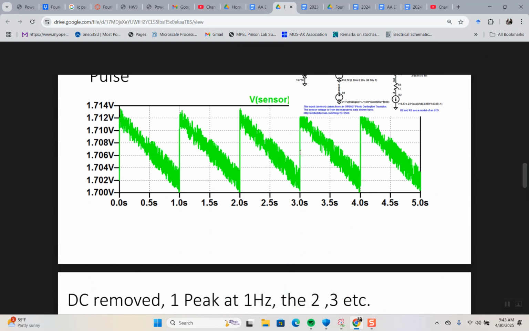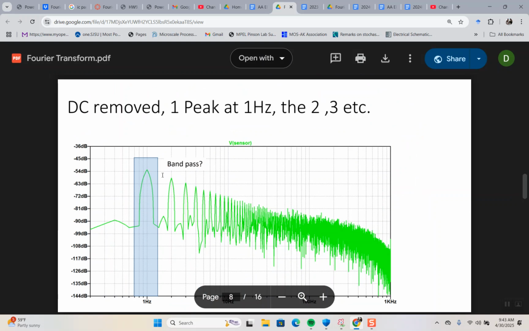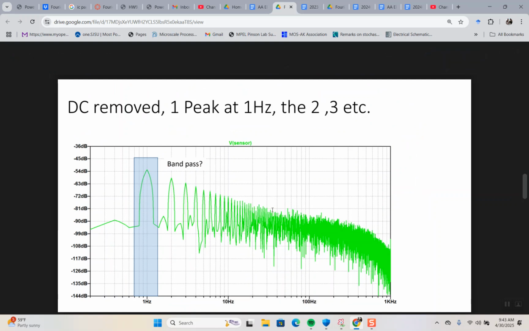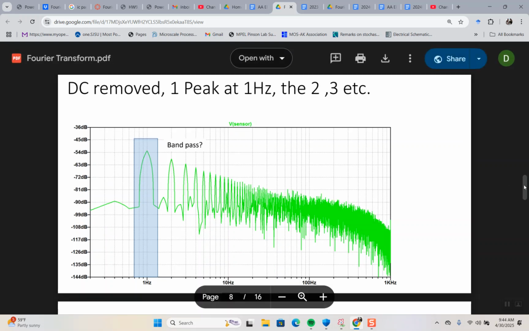This just happens to be a triangle waveform, and triangle waves have corners, so they have infinite frequencies. I want to keep my heart rate, let's say a hertz, so I want to do a band pass around that and get rid of everything else.